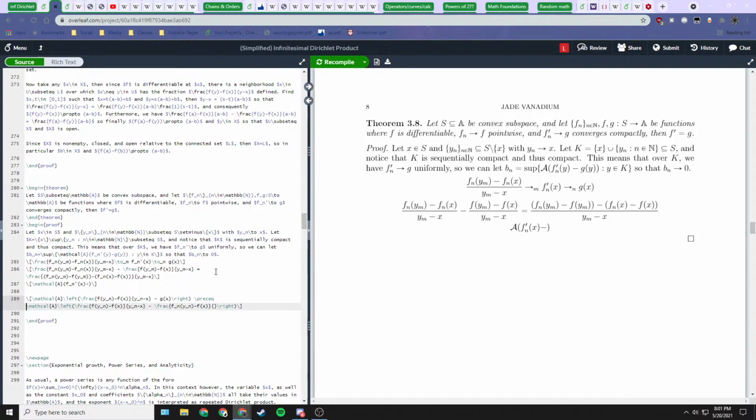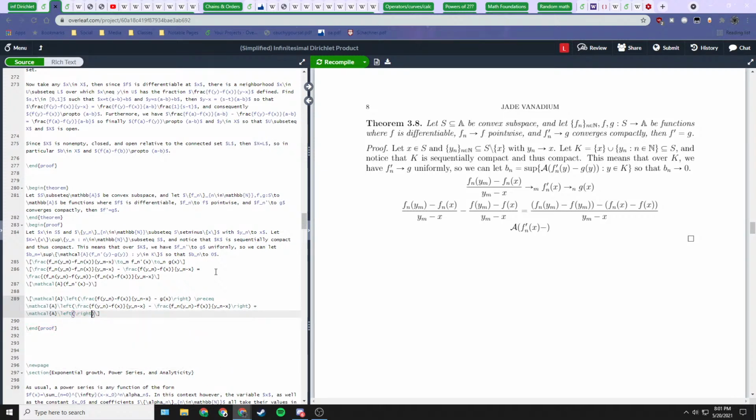So I have the first term, the second term is x, plus the third term, which is this second term here, minus f sub n prime of x, plus the absolute value of f sub n prime of x minus g of x.